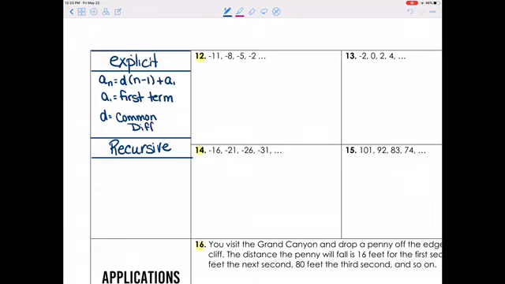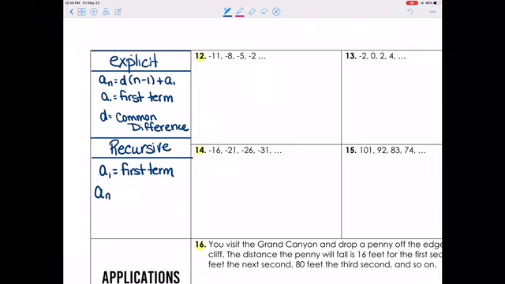Yesterday, we talked about recursive sequences as well, or recursive formulas for sequences. We want to talk about what that looks like here as well. So with a recursive sequence, for an arithmetic sequence, we still want to define the first term. That's going to tell us where we're going to start.